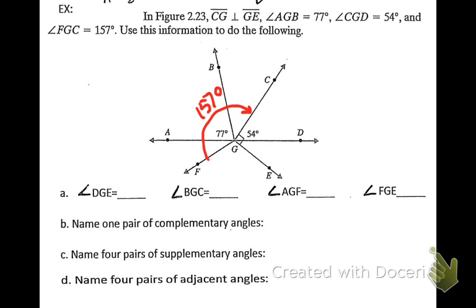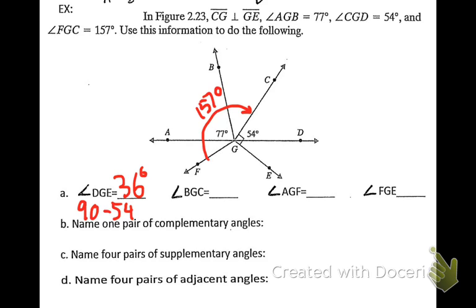All right. So DGE. What's DGE going to be? Yes, 36 degrees. How'd you get that, Aditya? CGD is 54 and CGE makes a right angle, so he subtracted: 90 minus 54 equals 36.